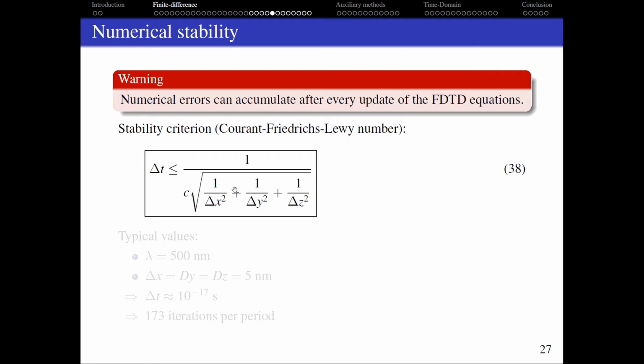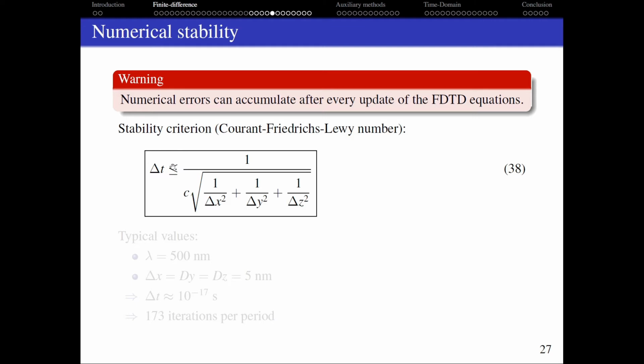So to give an example, if I want to divide delta x, delta y, delta z by 2, that means that not only is space going to be increased in size by 8, because 2 times 2 times 2 is equal to 8, but I'm also going to divide the time step by 2.